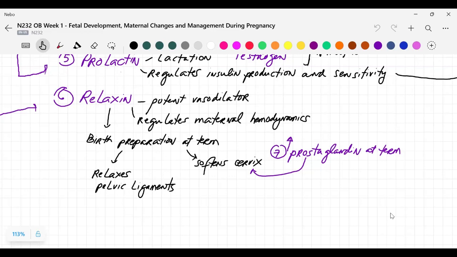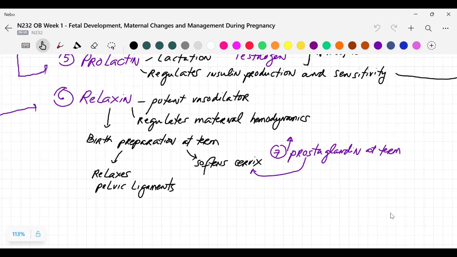Prostaglandin does a lot of things. One of the things it does is open the cervix, and it also causes uterine contractions. As a drug, if you've heard of Cytotec or misoprostol, that's given for a couple of reasons. In L&D, it's given to, if you will, force the cervix to open up so that the baby can come out.